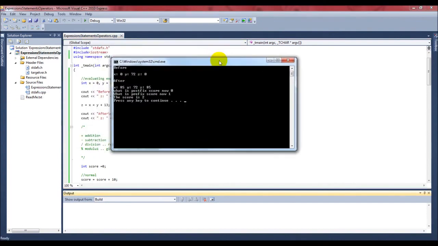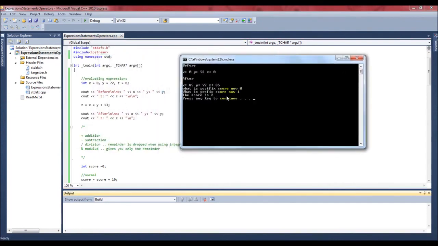And you can pause the screen right here: before, x gets 0, y equals 72, and z equals 0, which is how we initialized it. But when we evaluate this expression and print the after, x gets 85, y remains at 72, and z is at 85.